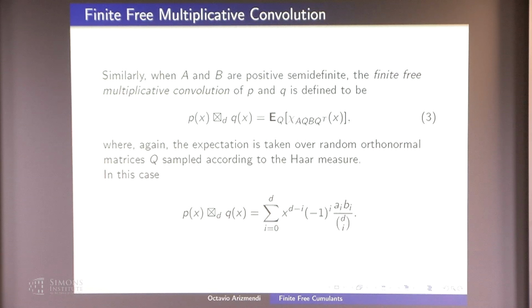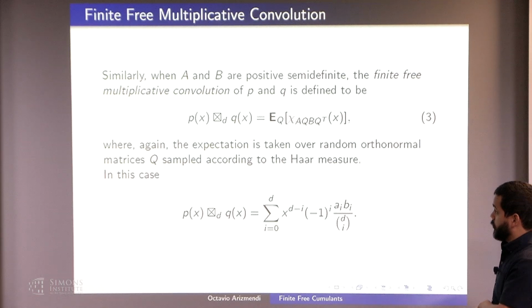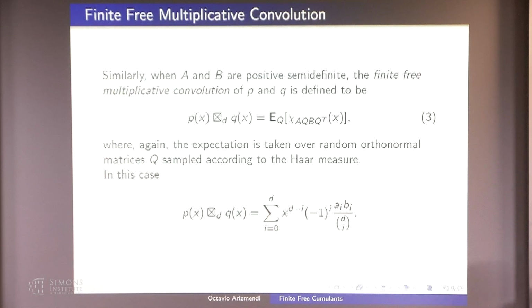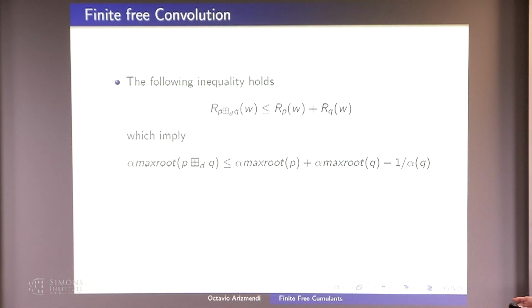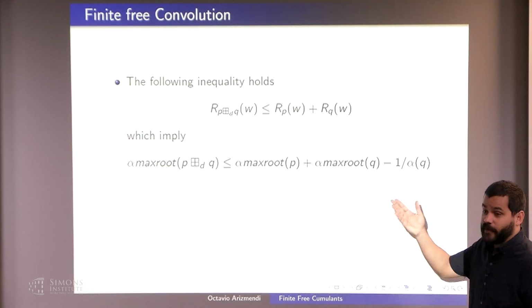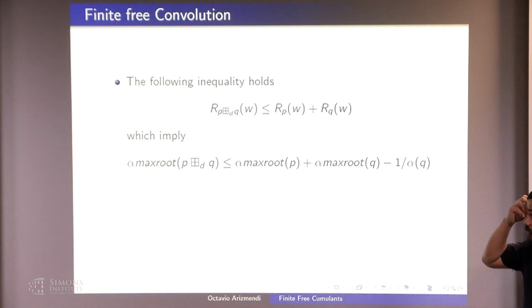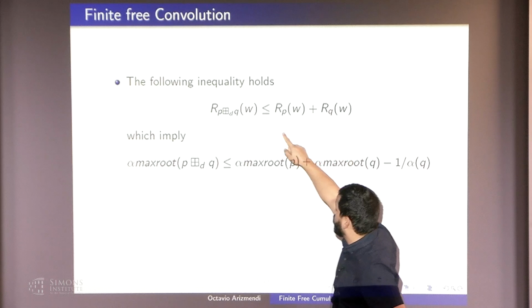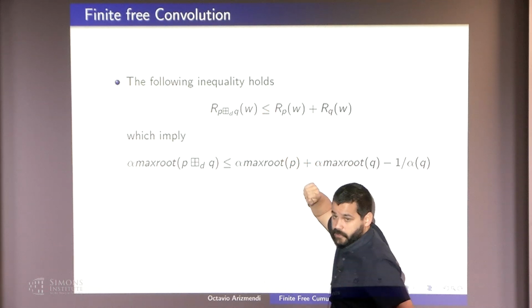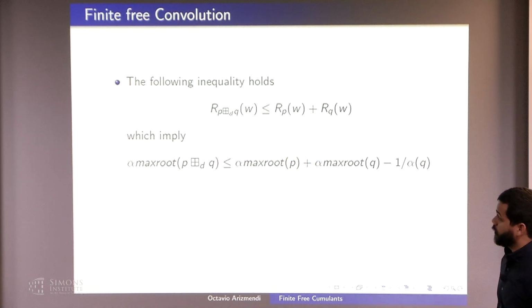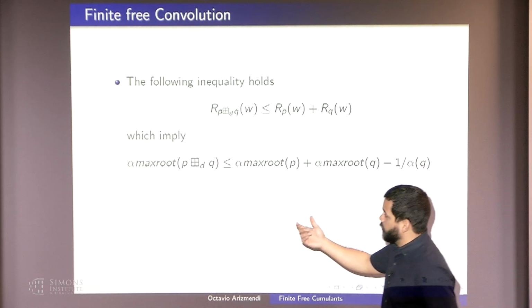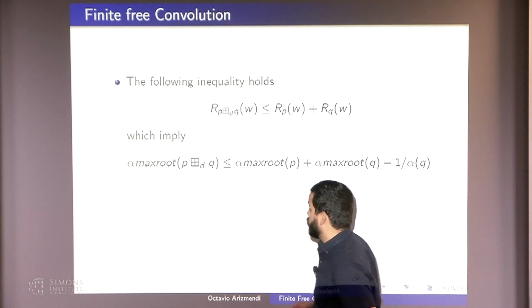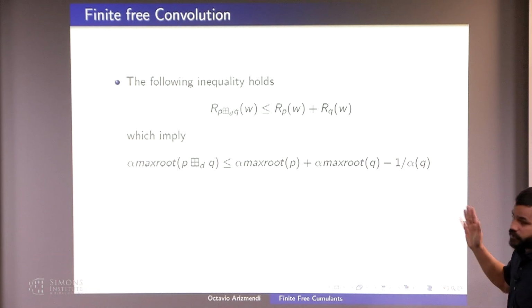For the finite free multiplicative convolution, there's a similar formula. One of the applications, and why it was called finite free convolution, is that if one looks at the R-transform, instead of having an equality, we have an inequality. This was used to bound the roots of the finite free convolution of P with itself.